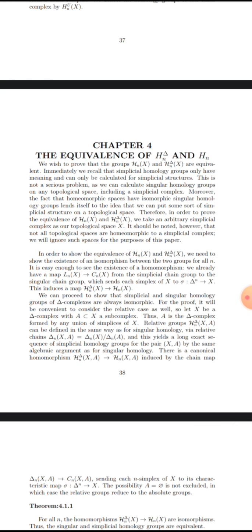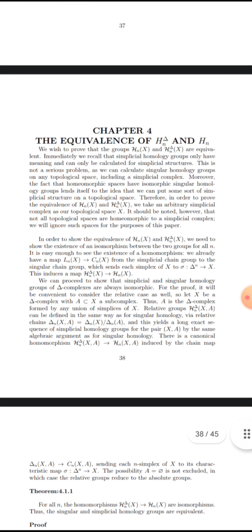We send each simplex delta raised to n to sigma from delta raised to n to x. This induces a map hn of delta of x to hn of x. We can proceed: simplicial and singular homology groups of a delta complex are always isomorphic.